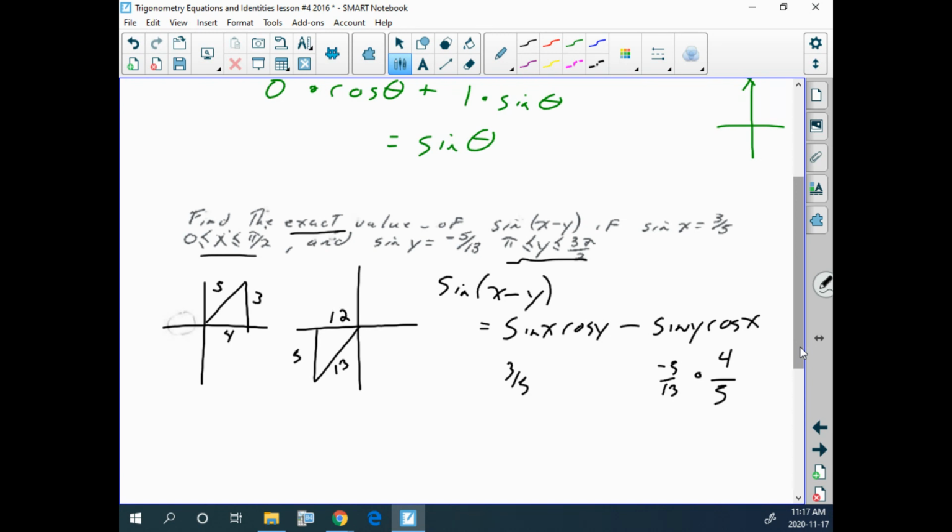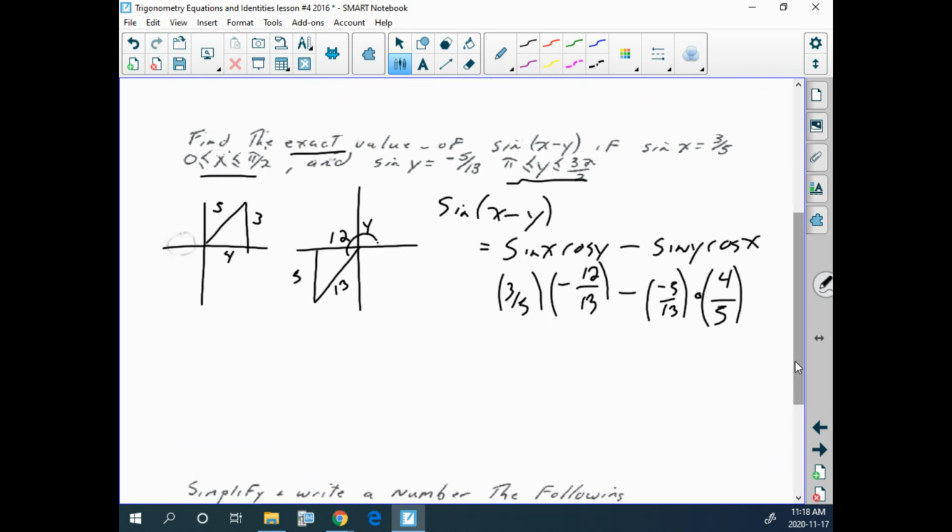That's fine. Now, cosine of this angle here is negative because cosine is negative in that quadrant. And it's 12 over 13. Minus sine between them. So you're not going to get an exact value for this.